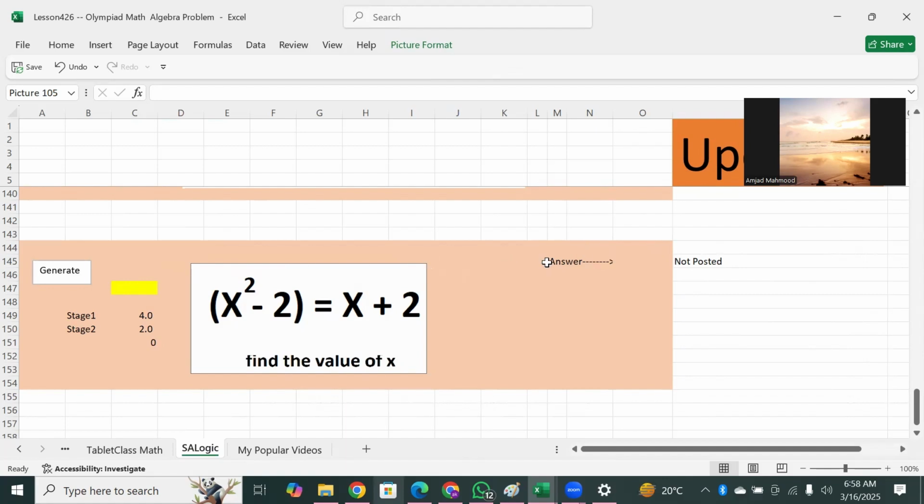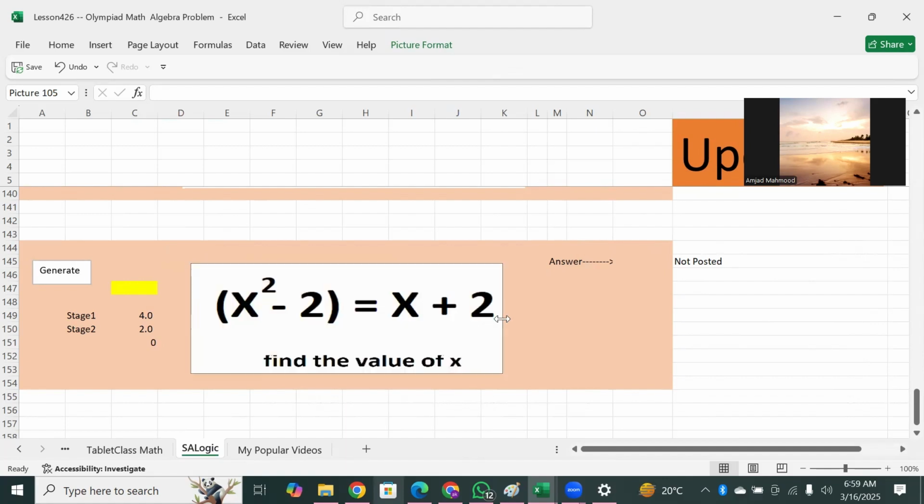Our answer row is 145. So it should touch across a bit, half of 145, then it's fine. And you have to make sure that it covers more than 5 columns. This will be the criteria for the system to pick it as a problem to be posted in our database later on. But first of all, we have to solve it.